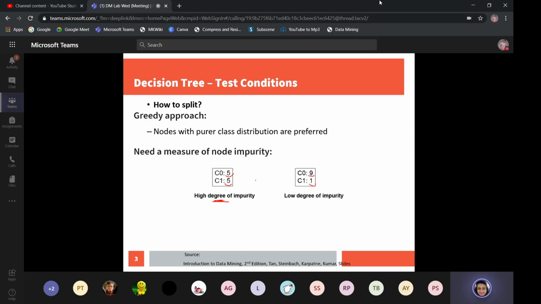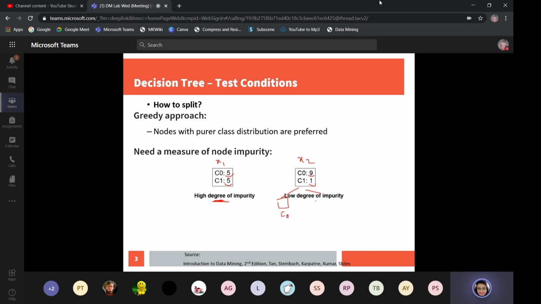Because it is impure, I am not able to decide what is happening, and because this is more pure, I can figure it out. So maybe splitting on this particular attribute, I will get more information and I will be better able to divide my records or predict my records belonging to class C0 and C1.